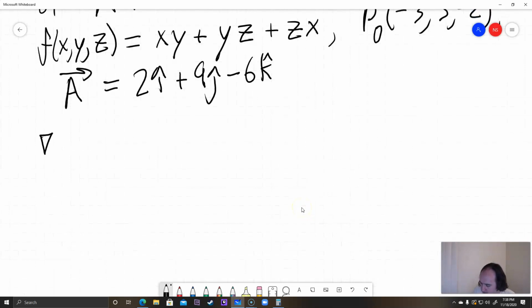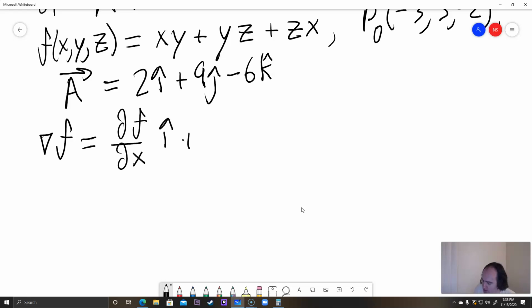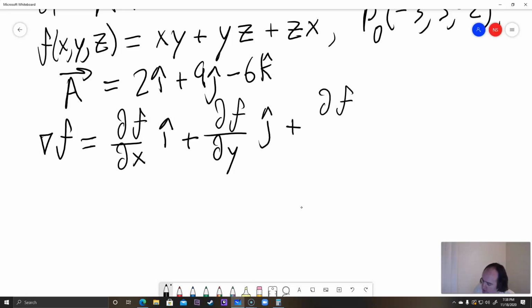Remember that the gradient of f is the same as partial f partial x times i plus partial f partial y times j plus partial f partial z times k.